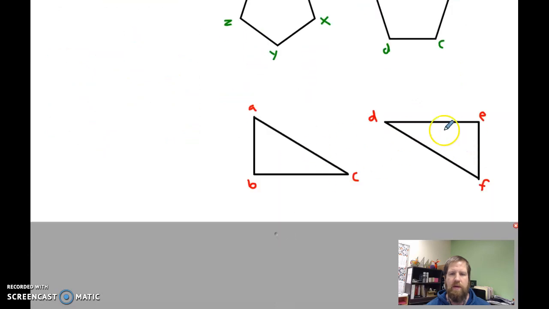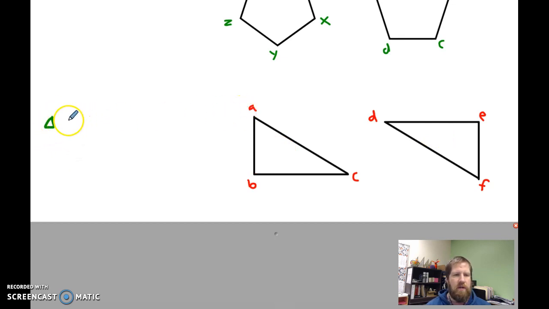But when we're looking at something with different angles, then sometimes we can make mistakes. So if I'm going to write a congruence statement for these two triangles, first of all, I'll put a little symbol to let me know that they're triangles.